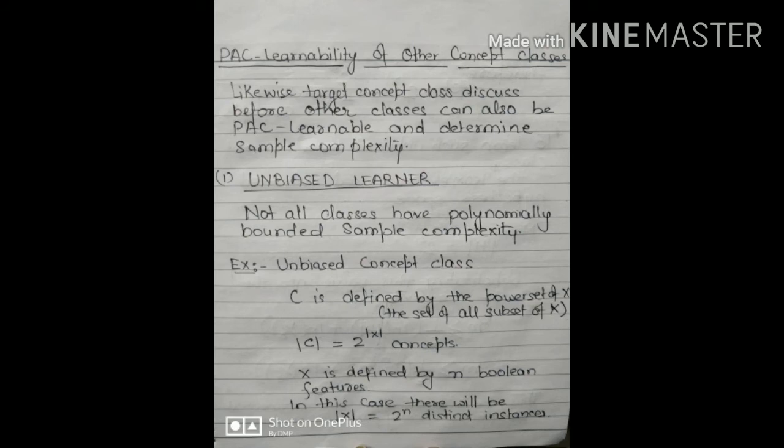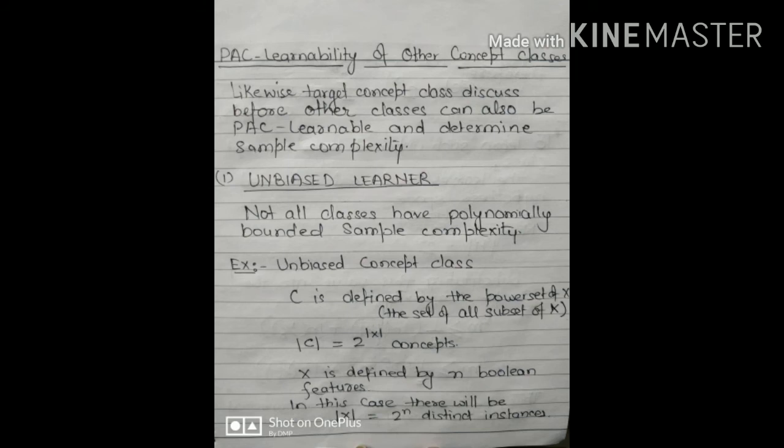Till now we have seen that the sample complexity is polynomially bounded, but not all classes have polynomially bounded sample complexity, like the unbiased concept class. Here the concept class C is defined by the power set of X, or the set of all the subsets of X. What is X? X is the set of instances. So we can define C as 2 to the power |X| concepts.